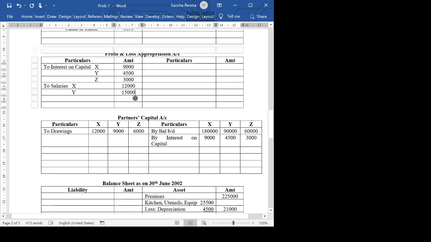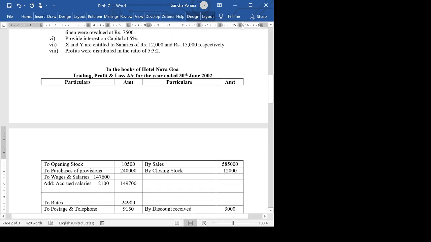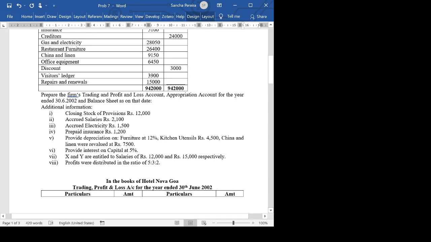Again, this becomes an income for the partners. By salary, X is 12,000, Y is 15,000, Z is not given any salary. I think that's it. The last thing, now we need to share the profits.